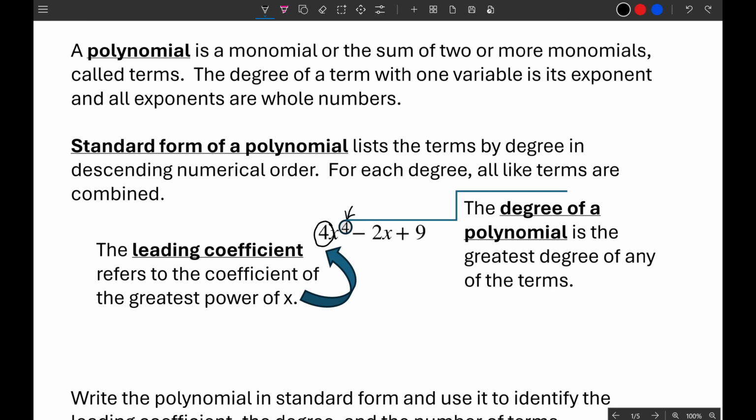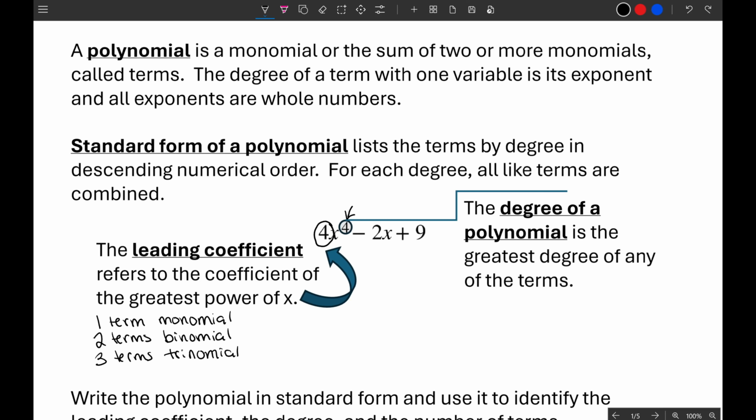So if we have one term, we call that a monomial. If we have two terms, we call that a binomial. And if we have three terms, we call that a trinomial.